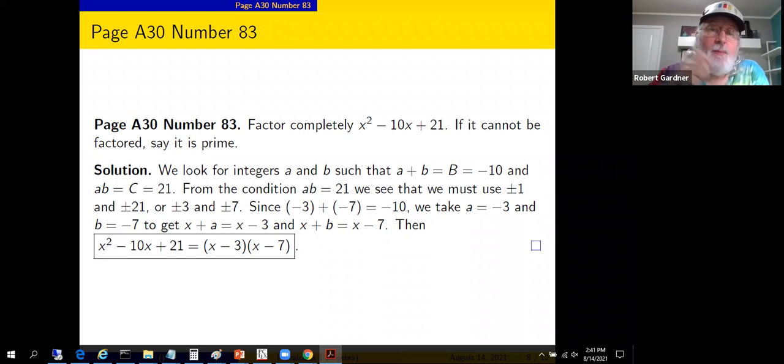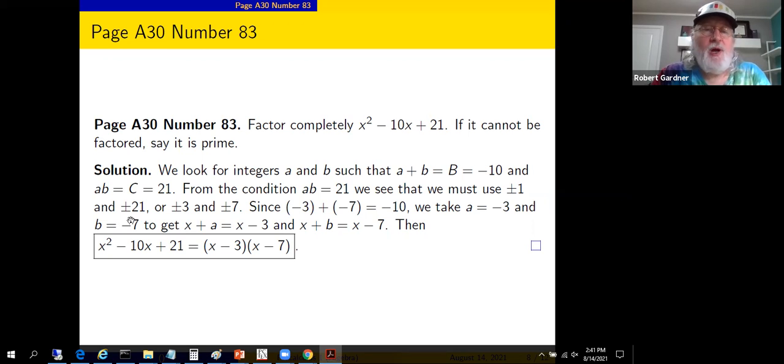Of those 4 possibilities, does one of them involve two numbers that will sum to negative 10? This one does. Since negative 3 plus negative 7 equals negative 10, then we can take a equals negative 3 and b equals negative 7.